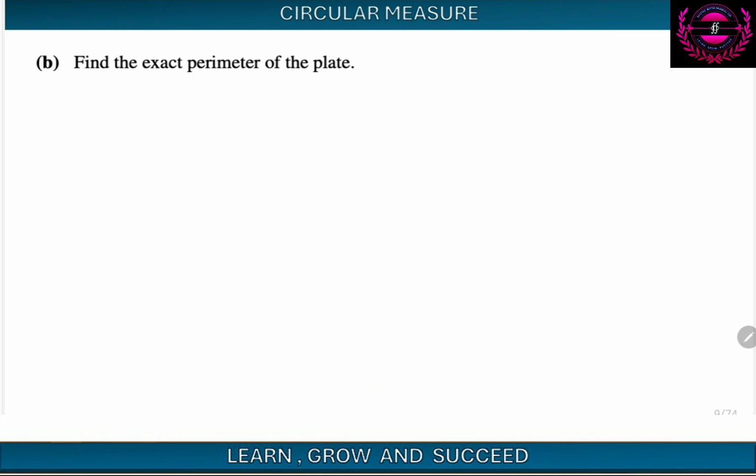This is B part. We have to find the exact perimeter of the plate. Let us move to the previous question. I will not be solving this, but we will see the concept behind this question.